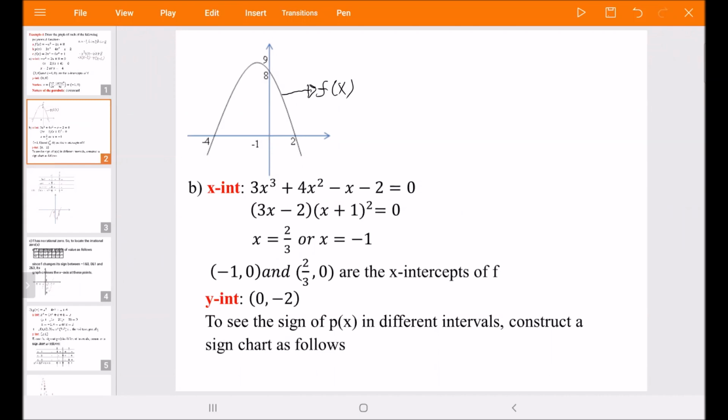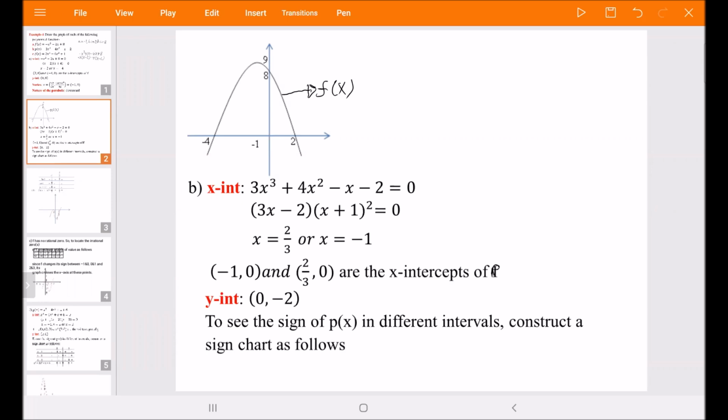It depends on the information we obtain from the sign chart. So x equal to 2 over 3 or x equal to minus 1, that is, minus 1 comma 0 and 2 over 3 comma 0, are the x-intercepts of p, not f actually, p.